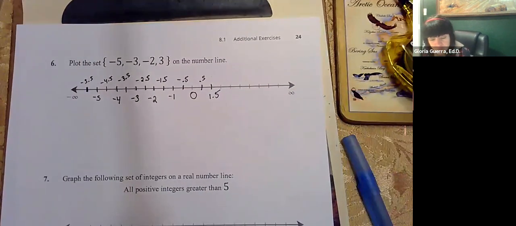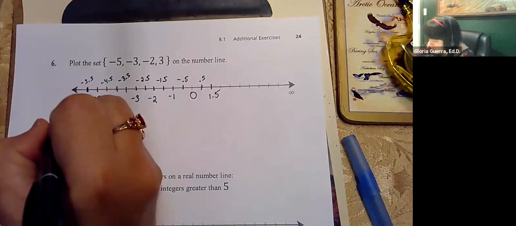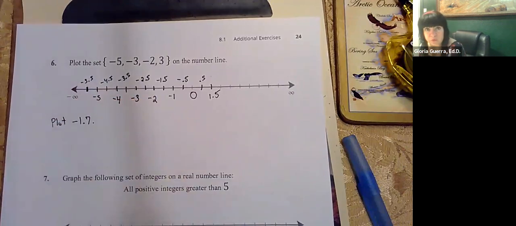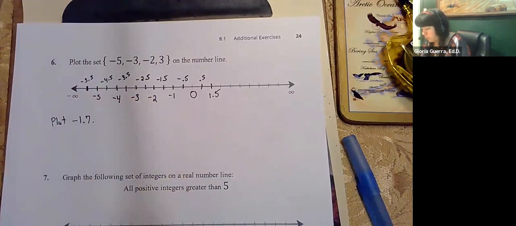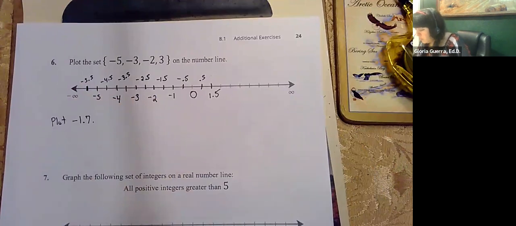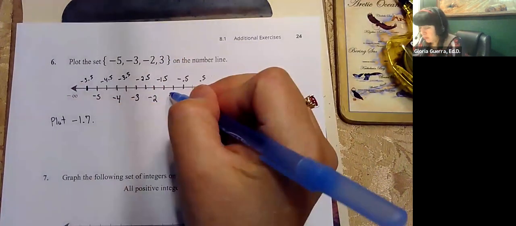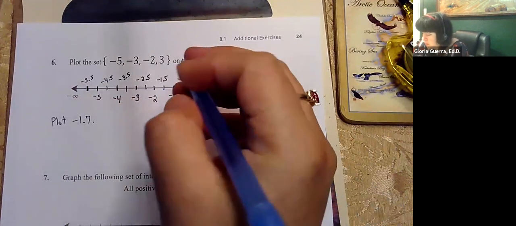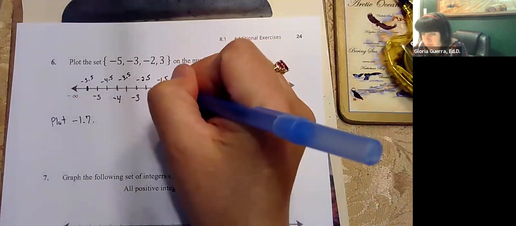Okay, now, if we wanted to identify or plot negative 1.7, would you be able to do that? So negative 1.5 is right here, and then negative 1.7 is between negative 1.5 and negative 2.